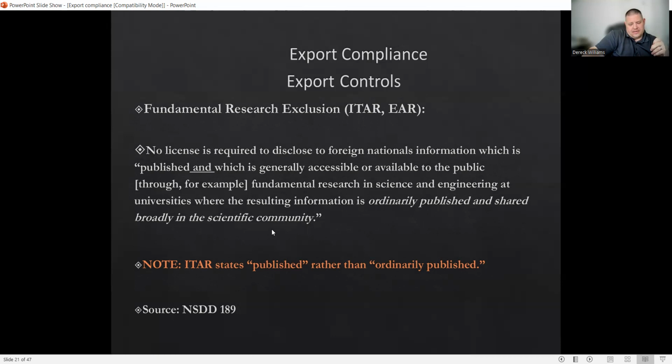So again, if you're ever challenged with this, the bad thing is that the burden of proof is going to be on you to say, hey, yes, this is public or it's not. You're going to have to cite where you found this stuff potentially, but there are some exceptions to that. And then if you want to reference the NSTD 189, we can look that up. That's going to talk about what's published or what's considered public domain and what's not.